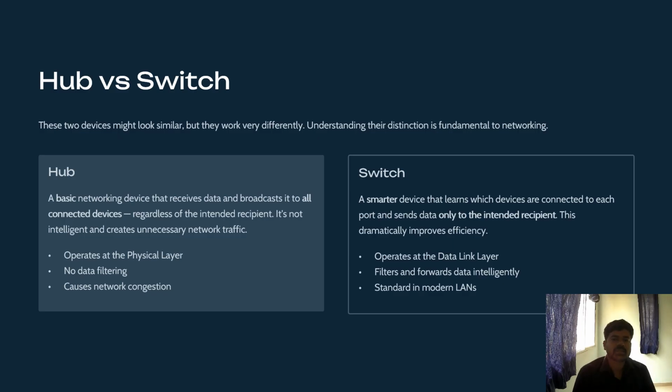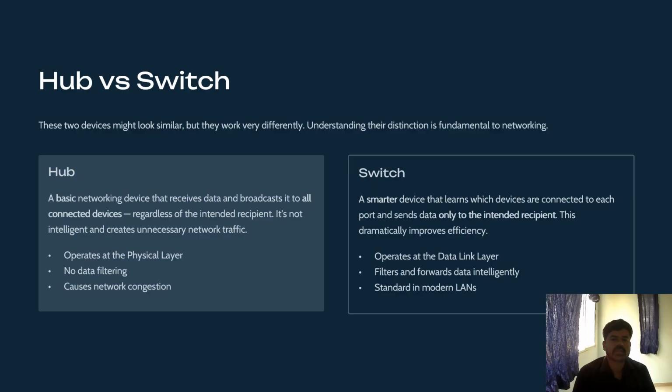Let us study important network devices. The first one is hub. It is a basic device, it sends data to all the devices which are connected to the hub. It is not an intelligent device because it broadcasts the data.